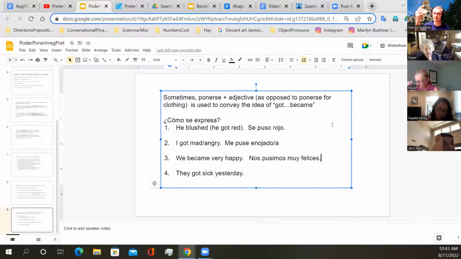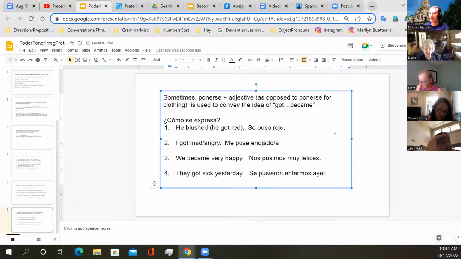It indicates something that happened kind of quickly. If you talk about somebody getting mad, it's not usually a slow burn. It's like, ooh, he got mad. Well, they put that in the preterite. They got sick yesterday. Se pusieron enfermos ayer.